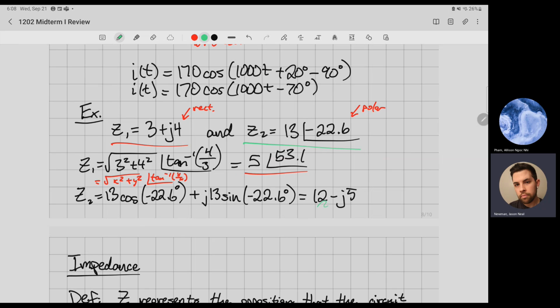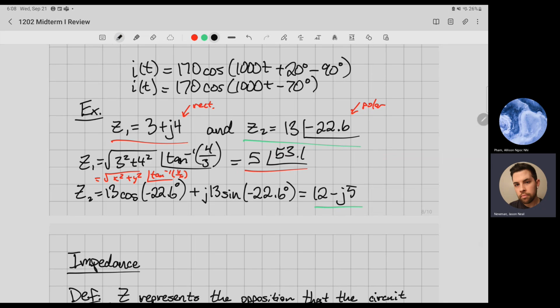There's all kinds of things you could do here. I didn't make up a problem, but now that you have both of them in both forms, you could do z equals z1 plus z2, or you could do z1 minus z2.